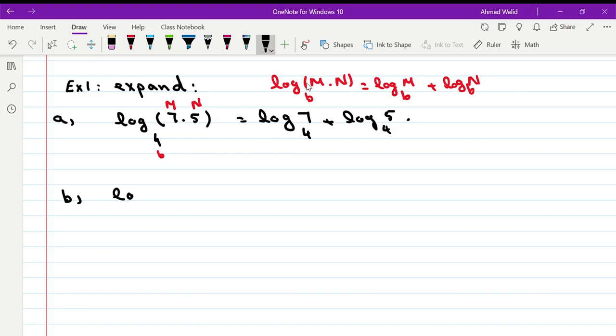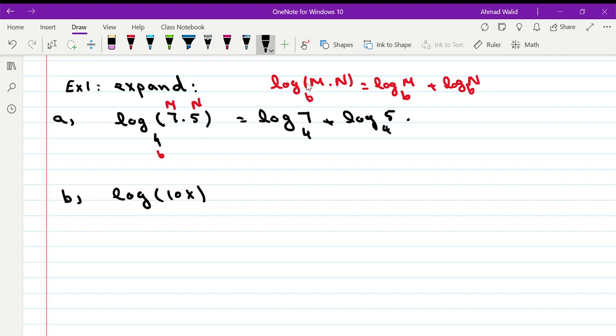Log of 10x. The other day when I talked about the types of logarithm, I told you that we have the common log, where the base is 10, and the natural log, where the base is e.